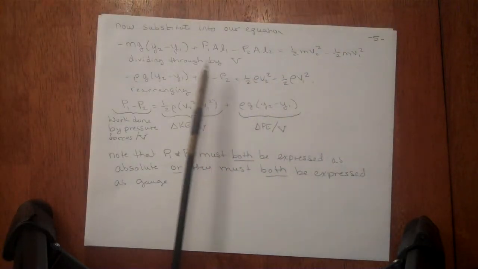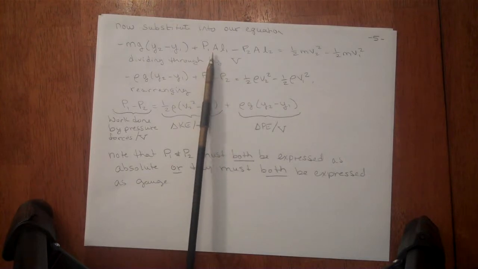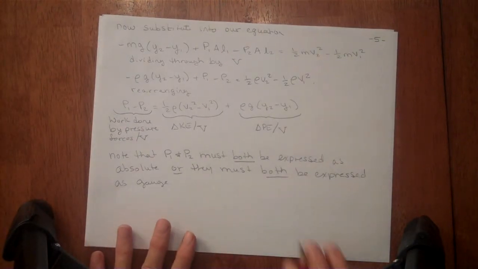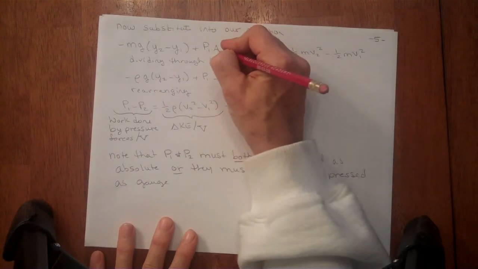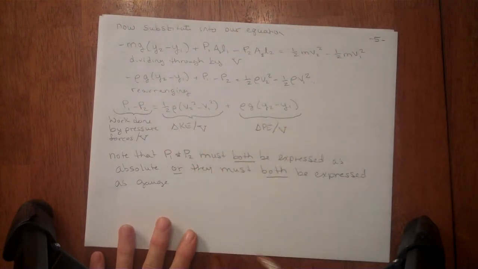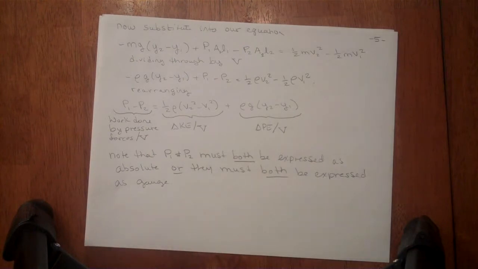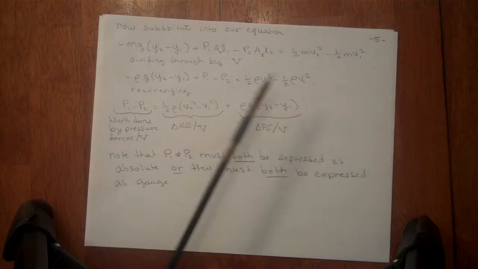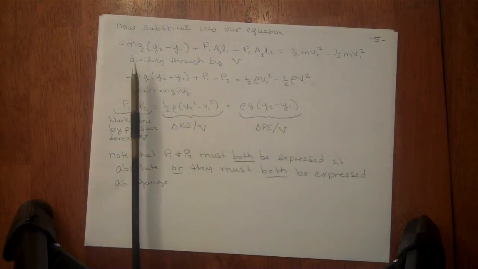Now substituting those into our equation, we now have this expression: minus mg (y2 minus y1) plus P1A1L1 minus P2A2L2 equals 1/2 mv2 squared minus 1/2 mv1 squared. Now dividing everything through by V simplifies our equation.